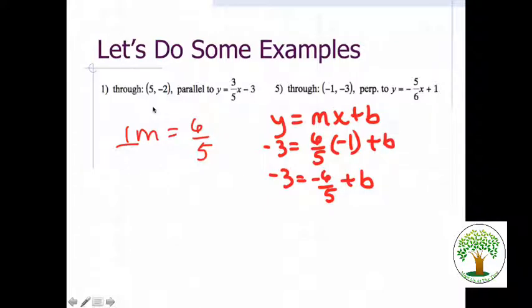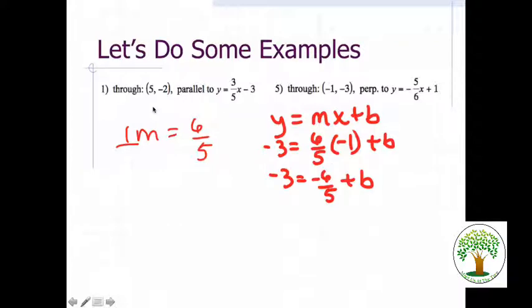All right, so I need to move this 6/5 over to the other side. How do I do that? Add, subtract, multiply, divide to move it over. Add.